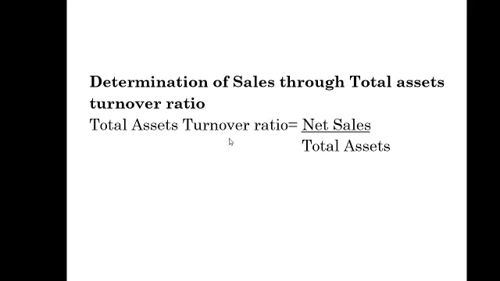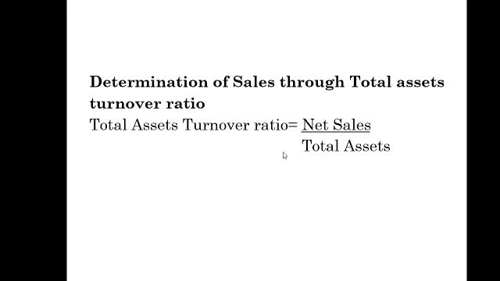So sales is 3 times total assets. So 3 into 3 lakh, you will get 9 lakh as sales for your company. So this will be the starting point.